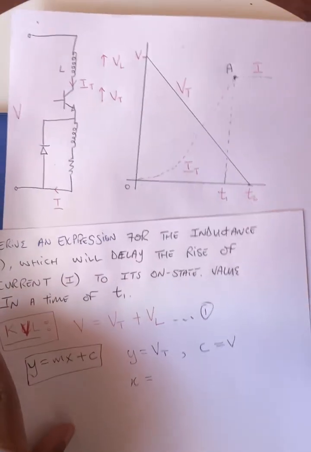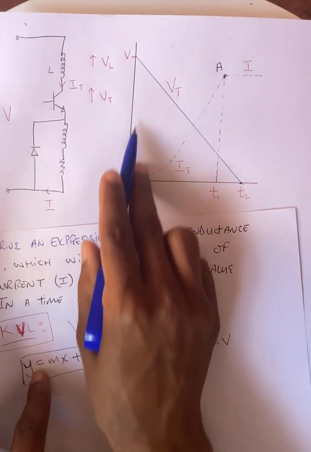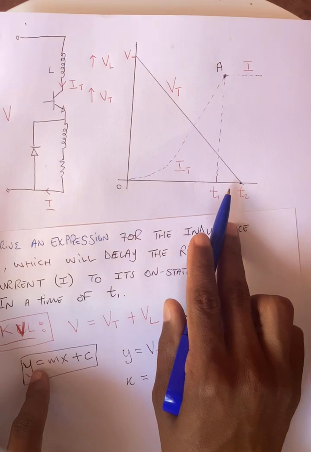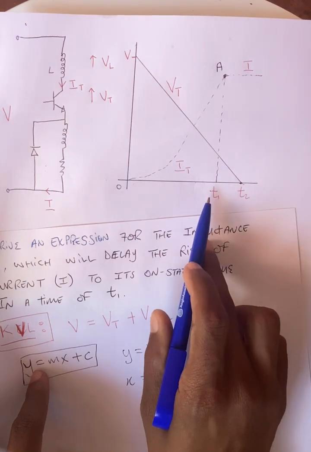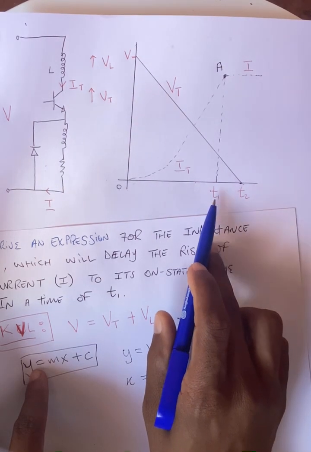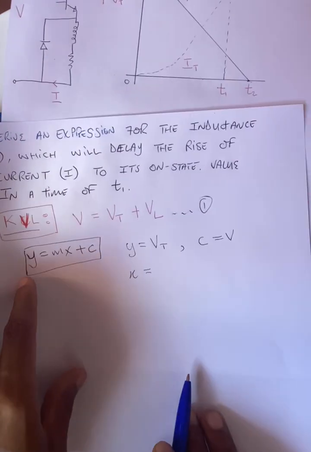Again, let's look at this graph. You have a y-axis and then you have an x-axis. In this case, the x-axis is an expression of time. So essentially speaking, x is equal to t.